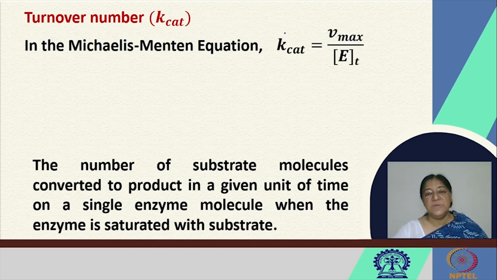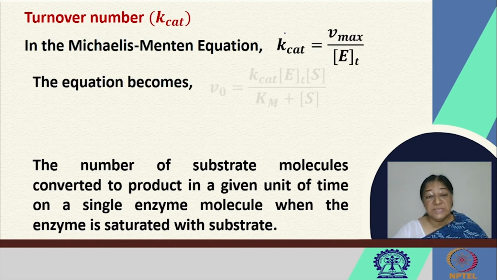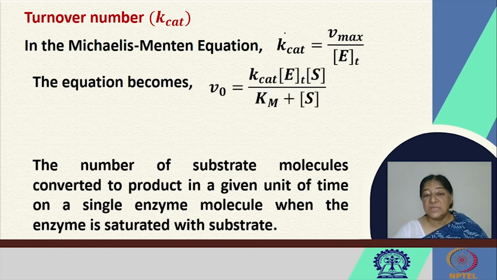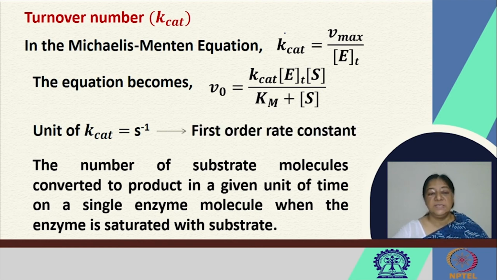In the Michaelis-Menten equation, we look at that as kcat equals Vmax by ET, and the unit of kcat is second inverse. So it tells us how the turnover of the substrate molecule to the product is. It is a first order rate constant.